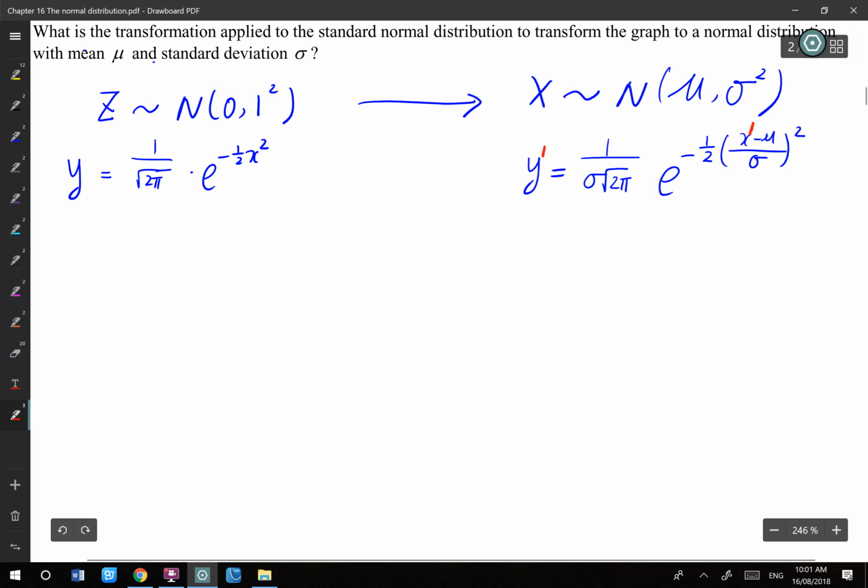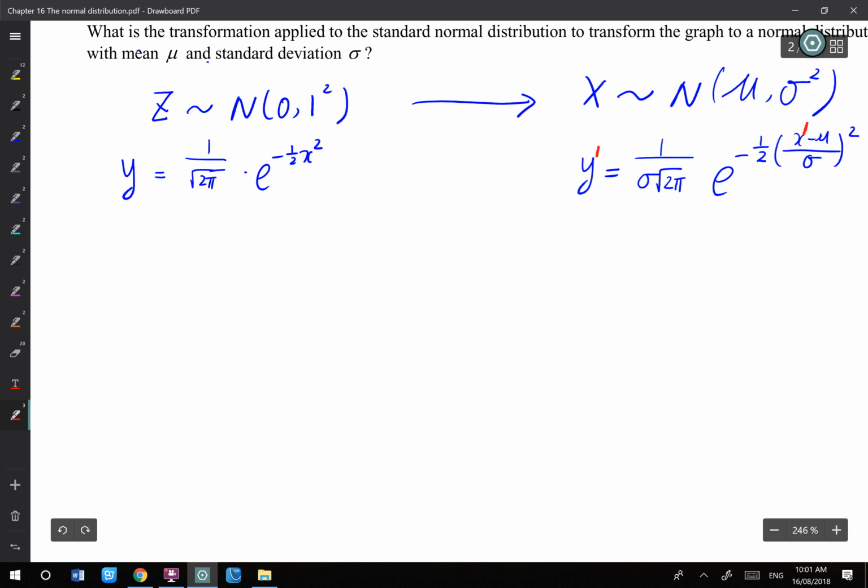Alright, so what we will do for the transformation is keep only the rule on the right hand side. Any coefficient, anything adding or subtracting needs to move to the y side. So I will have square root 2 pi times y equals e to the power of negative a half x squared.